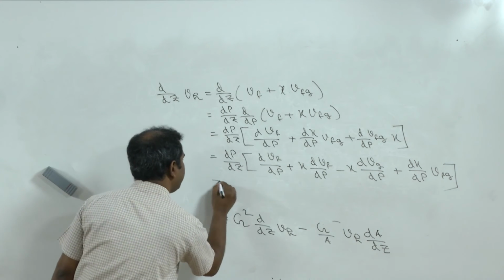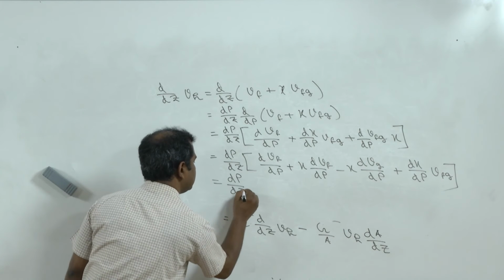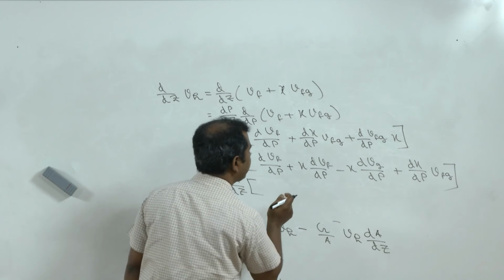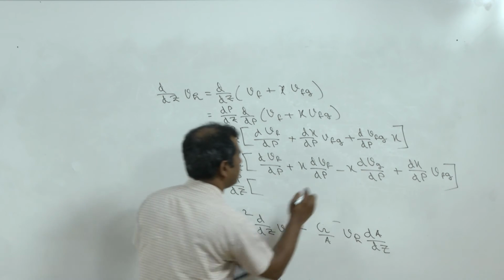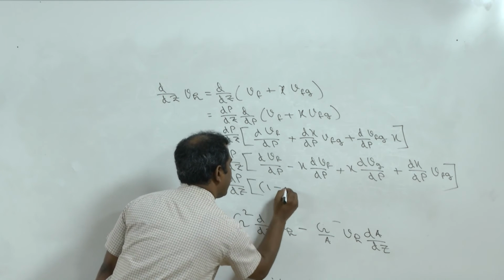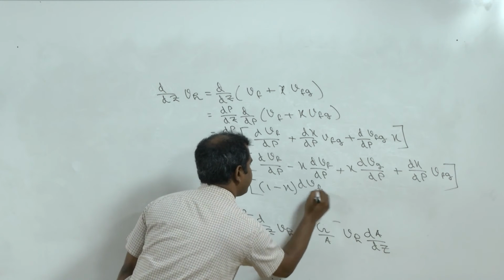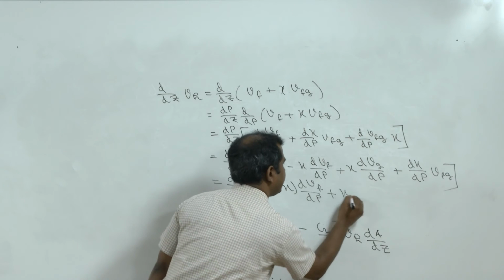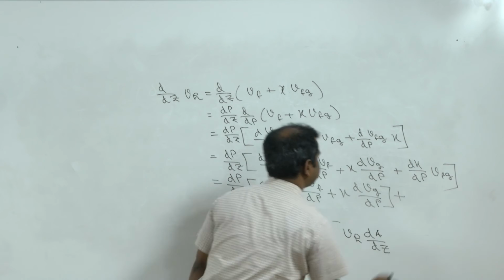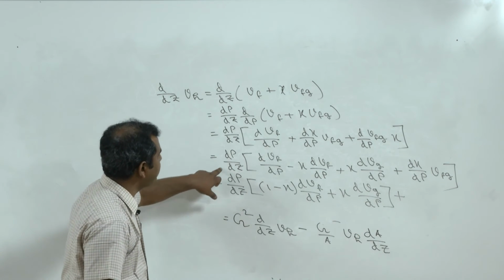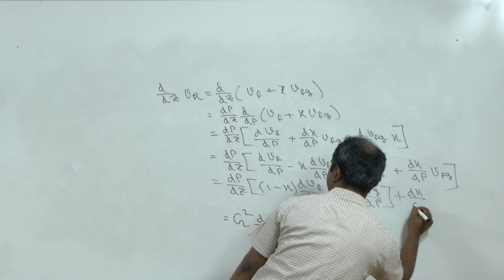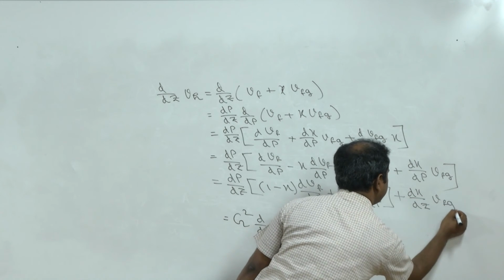So, ultimately we will be getting dP/dz, and here we can take common: 1 minus x into dvf/dP plus x into dvg/dP, and finally plus ∂P/∂z multiplied by ∂x/∂P. So, this will become ∂x/∂z into vfg, right.